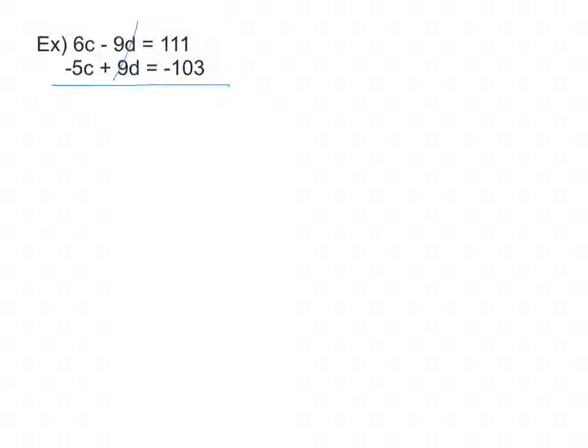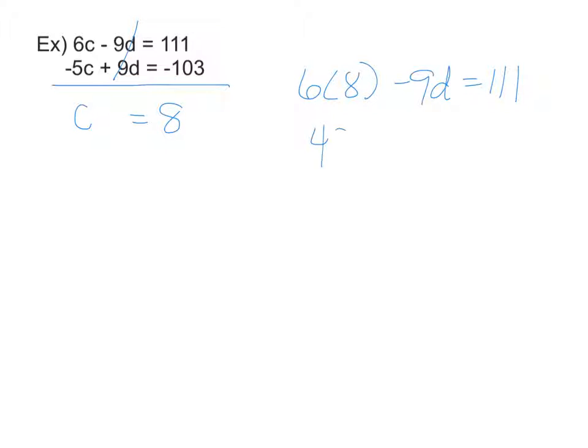I end up with just positive 1c equals 8. So then again I plug back in 6 times 8 minus 9d equals 111. So again, I'm just going to solve my equation like we've done in the past.